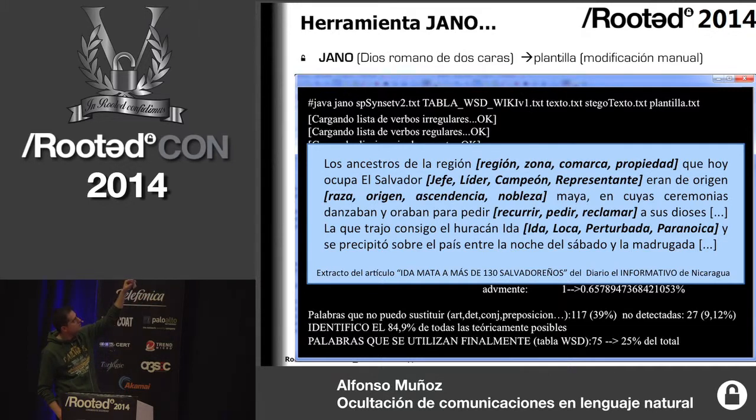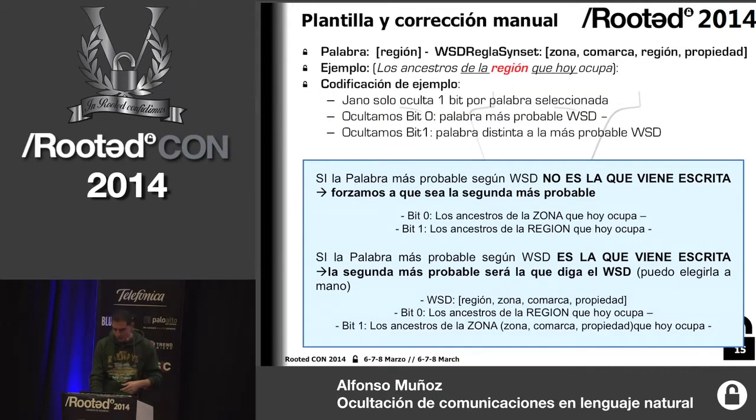For instance, I don't know, Salvador City. It says that savior is equivalent to chief, leader, champion, representative. Well, we know that this is a mistake, this is wrong, and automatic algorithms would eventually detect that mistake.